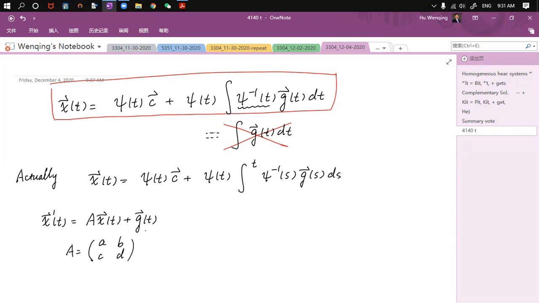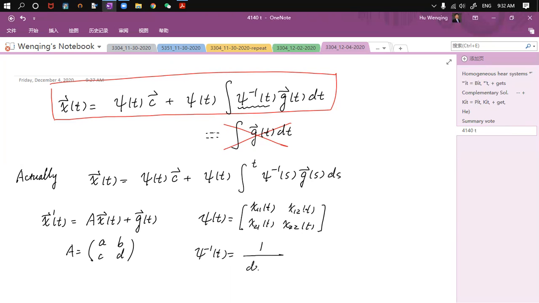In that case, Φ(t) is going to be a 2 by 2 matrix, so x11 of t, x12 of t, x21 of t, x22 of t. That's what happens here. And if you have that matrix, remember the inverse matrix, we've been talking about this inverse matrix.